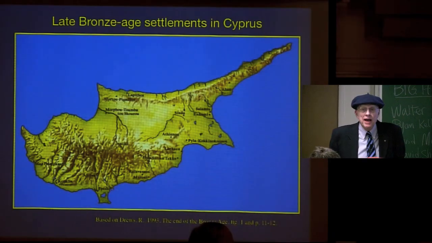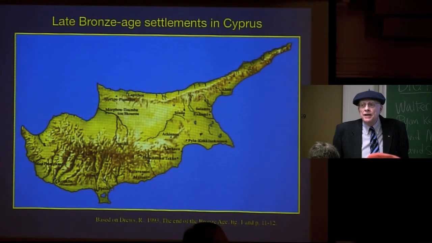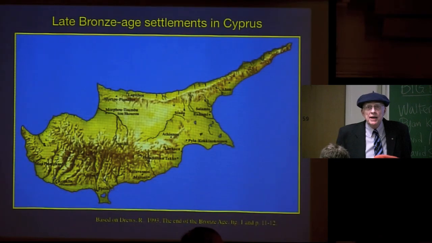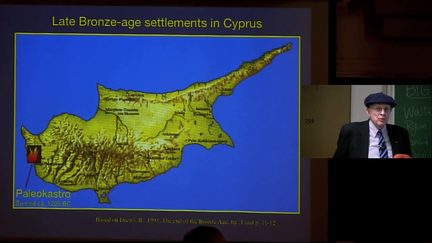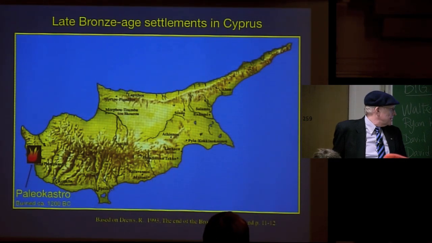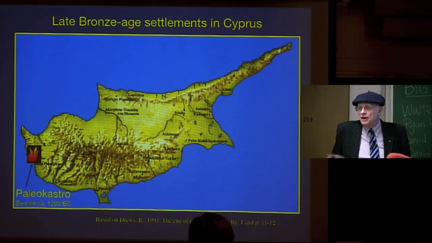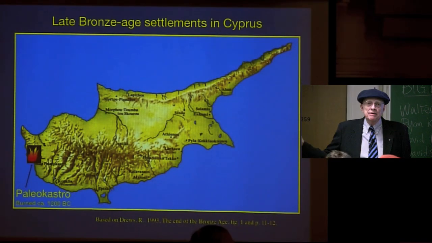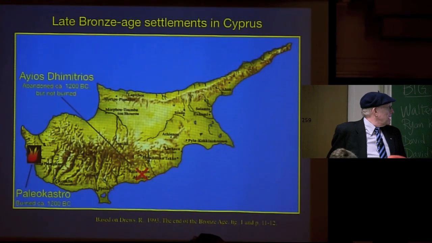So here is Cyprus, the island of Cyprus, and archaeologists have found quite a number of sites there. So here is one called Paleokastro in western Cyprus, and that city was burned about 1200 BC and never reoccupied. Burned, abandoned, silted over, and forgotten. Here's one.